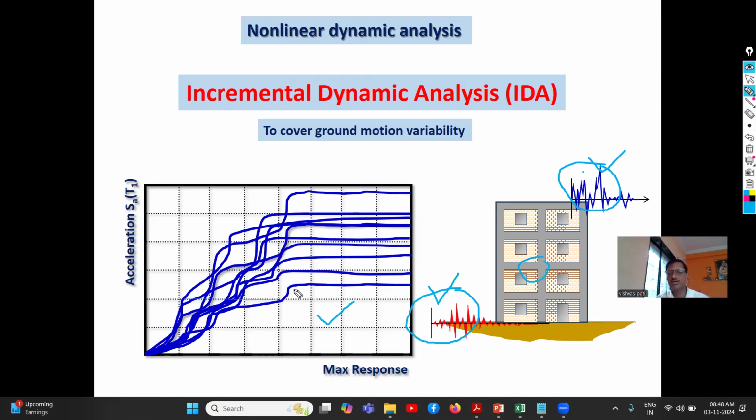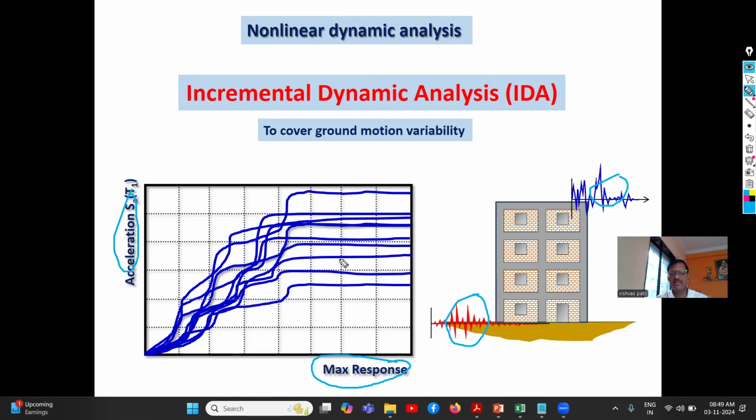This curve is the relation between the ground motion, that is the intensity measure, and the damage measure. On the y-axis is the seismic intensity, and on the x-axis is the building response. This is the pattern of the IDA curves.